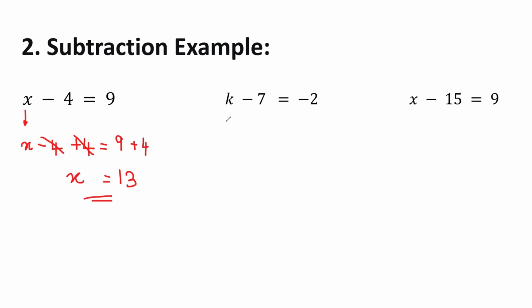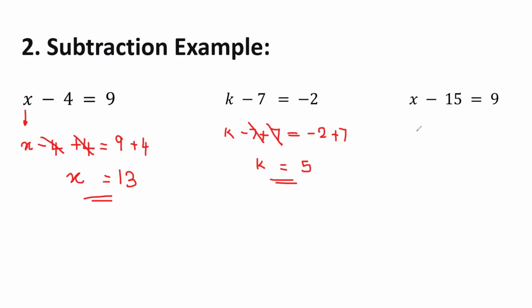For the second one, k is there, minus 7, which means you have to add the plus 7 for the cancellation. So minus 2 is there, and you have to add the plus 7. These two will be cancelled and k will be isolated. So minus 2 plus 7 is plus 5.